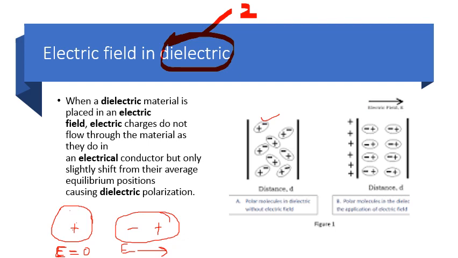But this type of polarization, when these dipoles already exist, is called dipole polarization, which we discussed in a separate lecture. In the presence of an electric field, they arrange in a very specific manner, whereas here it is random. So this is another kind of polarization, dipole polarization. But overall, there exists a separation.